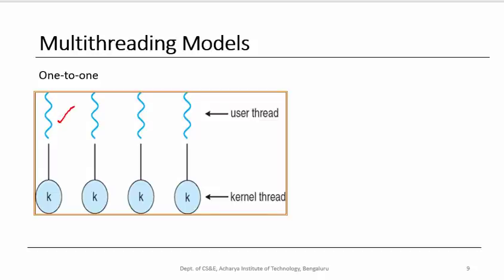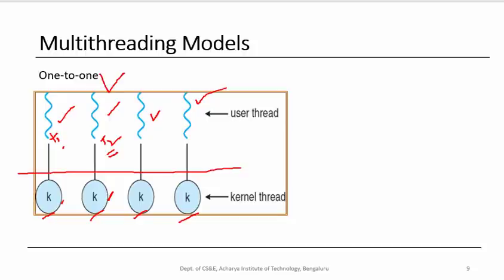Here you could have guessed by this time that every user thread that gets created will force the operating system to create a corresponding thread to handle it. So if this is thread 1, there is one operating system thread which is handling thread 1. Similarly, if this is thread 2, there is one operating system thread which is handling this. This kind of a model is called the one-to-one model.